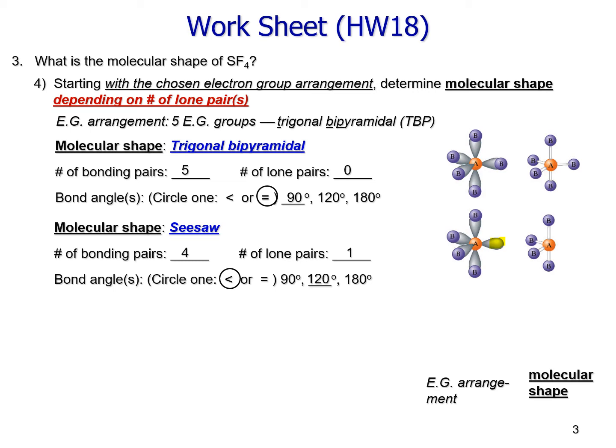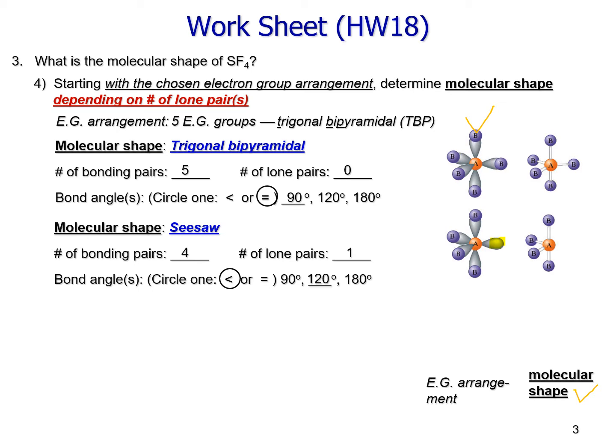So from what we have discussed, we realize that the one on the left here is the electron group arrangement. Regardless of whether there are bonding atoms or not, there are always going to be 5 electron groups. These 5 electron groups will be, as always, trigonal bipyramidal. And on the right, we have molecular shapes.